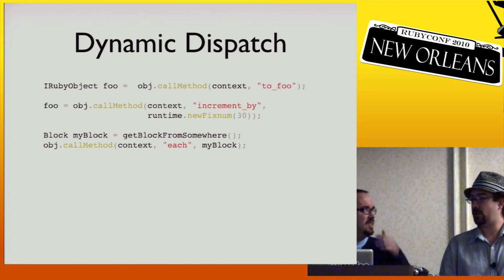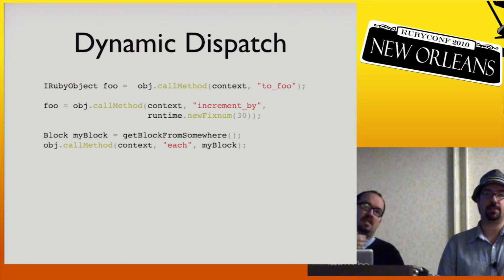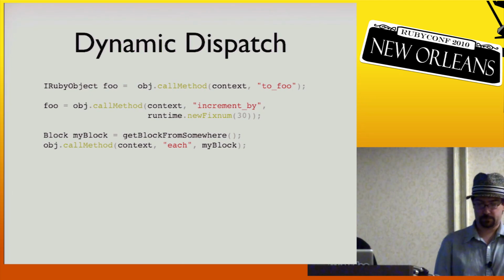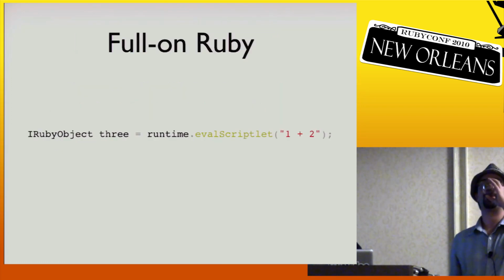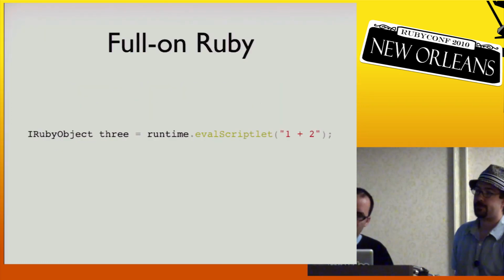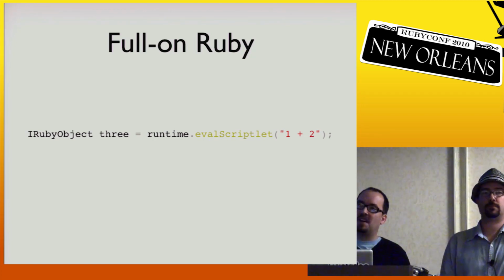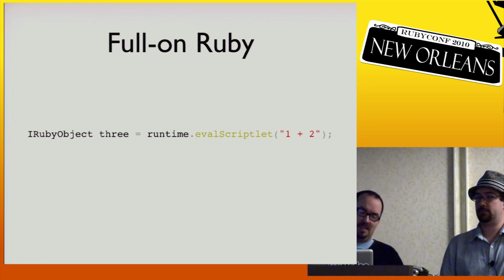Yeah, but I think it's also a var. So you can pass any number of arguments into that, and it'll pass it along. And if you have to call something with a block, you just pass a block as the last parameter. Lastly, you can always just evaluate Ruby code itself by calling eval scriptlet on runtime, and it'll return what you expect.